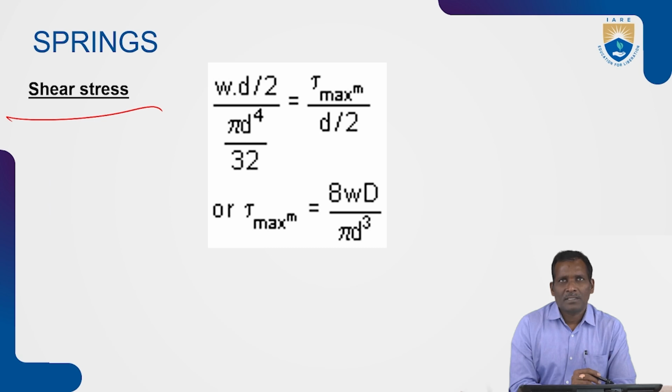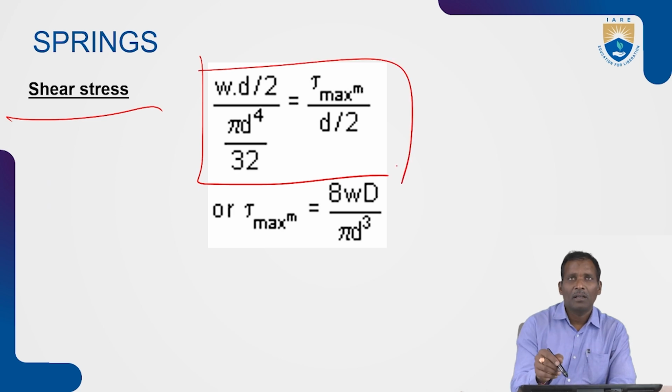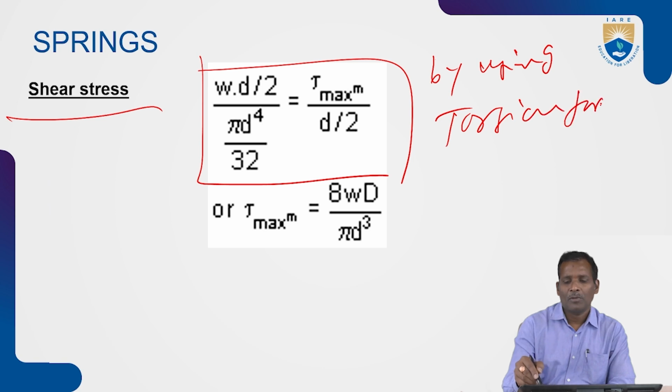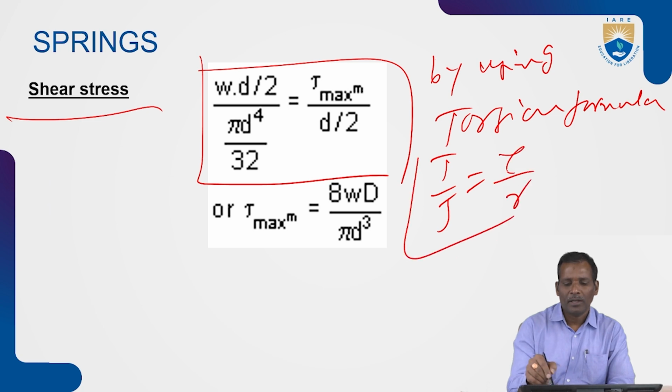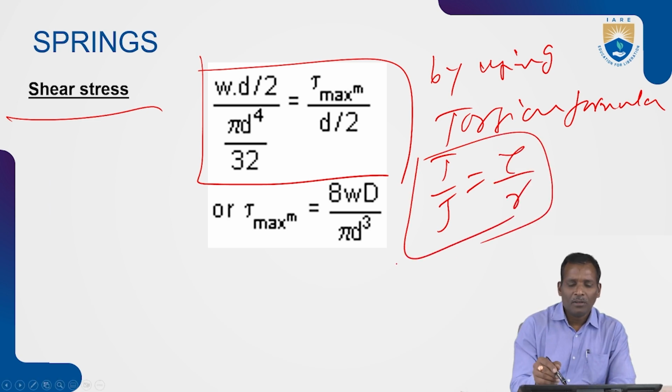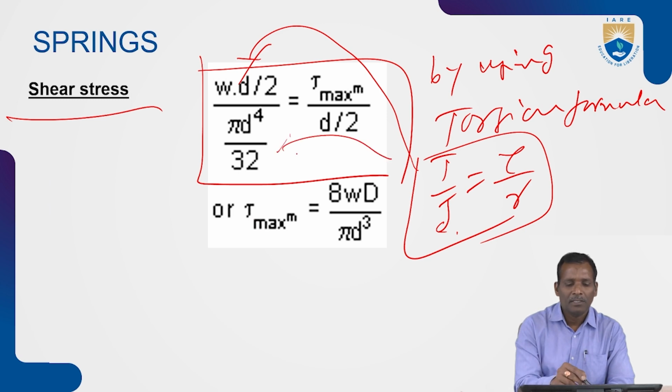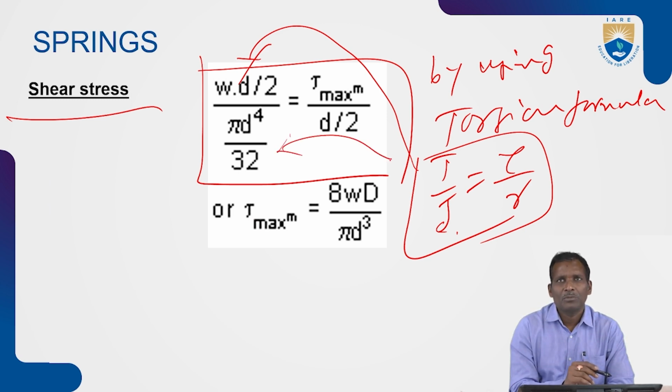Next, shear stress. So how do we calculate the shear stress? You can write this formula by using the torsion formula, which we have already learned: T by J is equal to tau by R. Here torque is W multiplied with D by 2, that's the radius, and J is the polar moment of inertia, that is pi d to the power of 4 by 32, and tau by R is tau by d by 2.